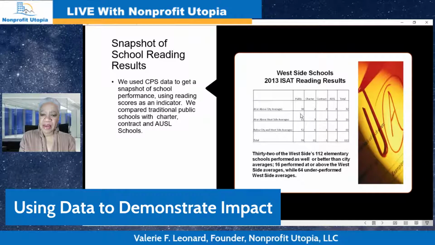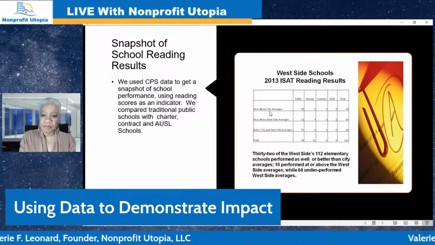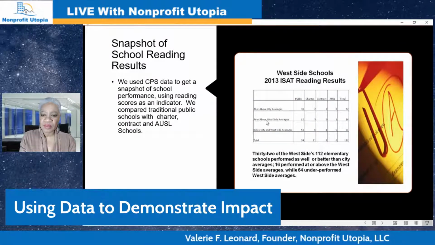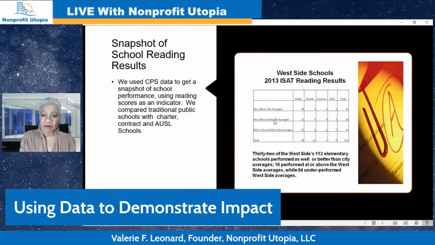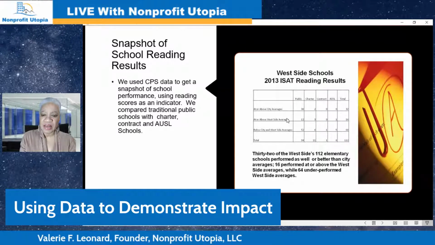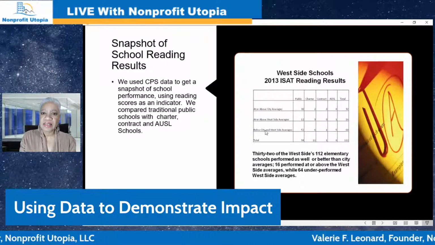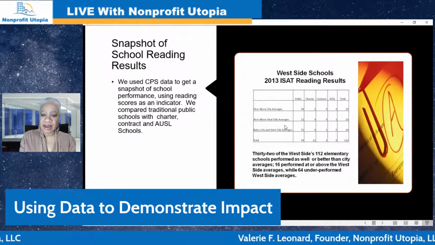So when we compared the scores, we looked at the number of schools that had kids performing at or above city averages, the number doing at or above West Side averages, and then the number that were below the city and West Side averages.